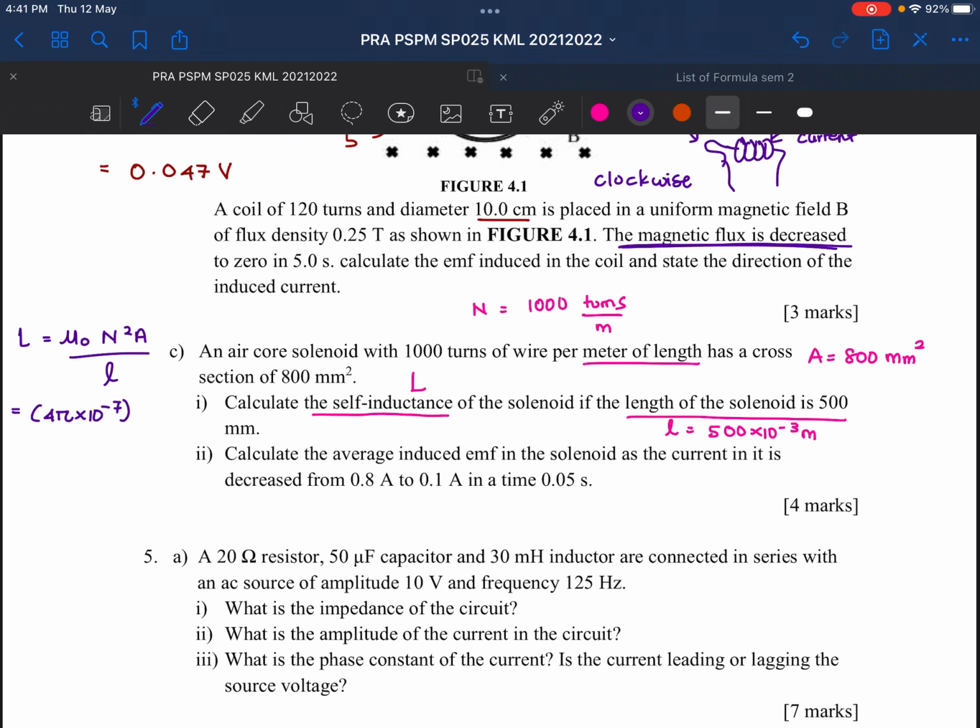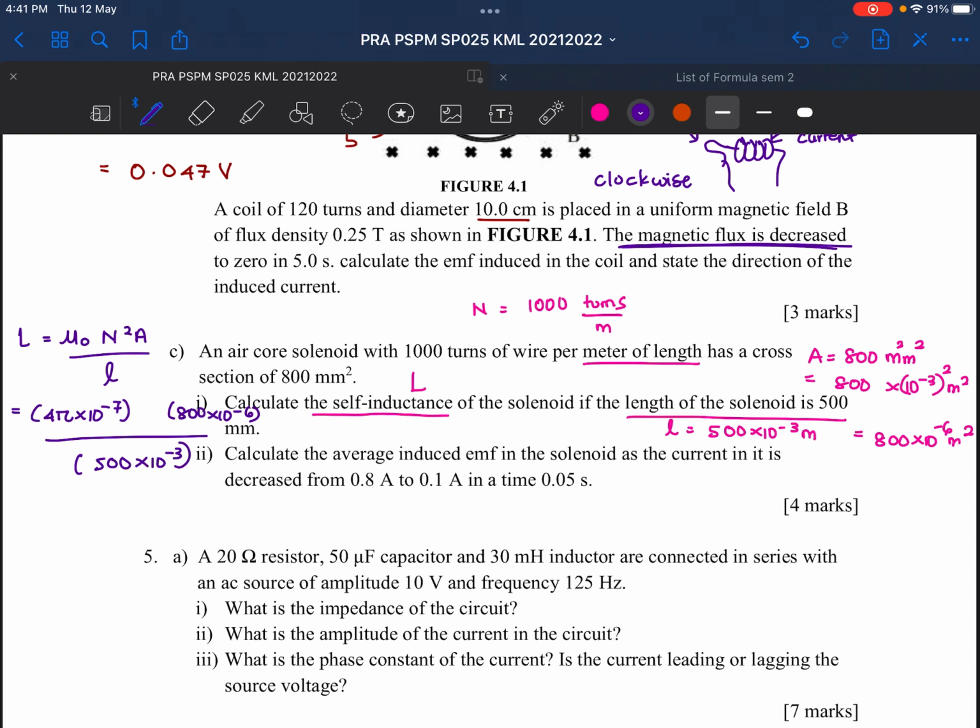And then the area, if you convert the area 800 milli, milli is 10 to the power negative 3, square, so remember the meter is also squared. Everything is squared here. You want to get 800 times 10 to the power negative 6 meter square. So this one is put in: 800 times 10 to the power negative 6 over L, which is 500 times 10 to the power negative 3.